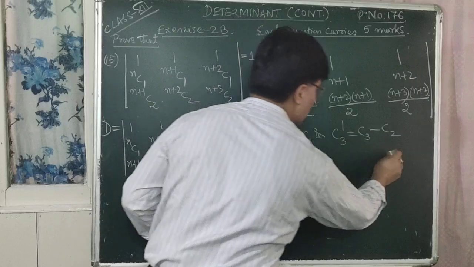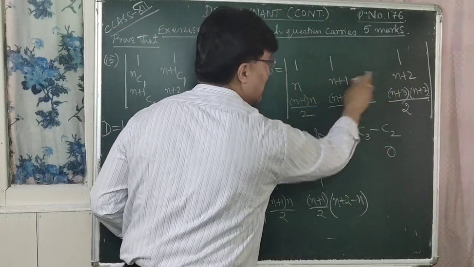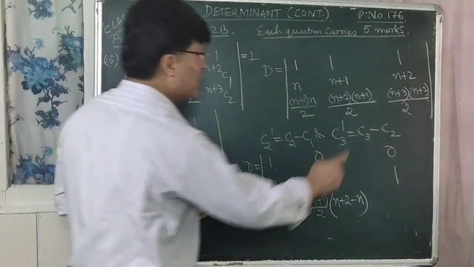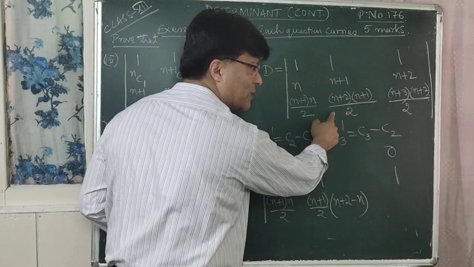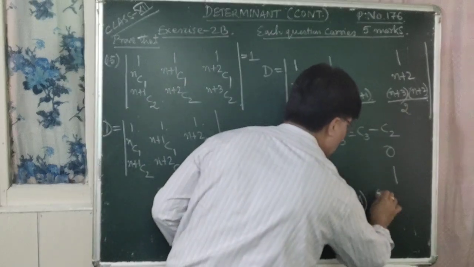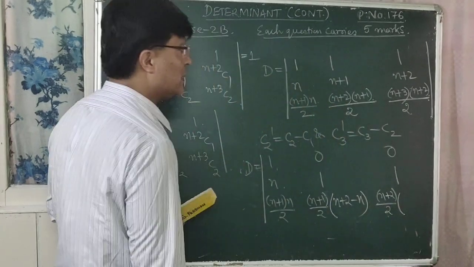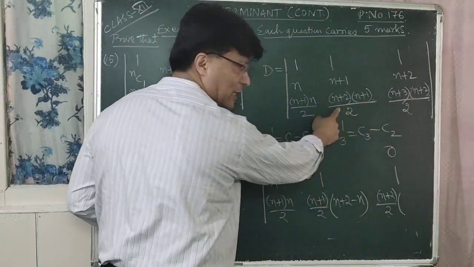C3 minus C2. That is 0. n plus 2 minus n minus 1, n gets cancelled. What is 2 minus 1? That is 1. Again C3 minus C2, again this minus this. What is common? Again here n plus 2 by 2 is common, right? So within bracket what do we get? This minus this.